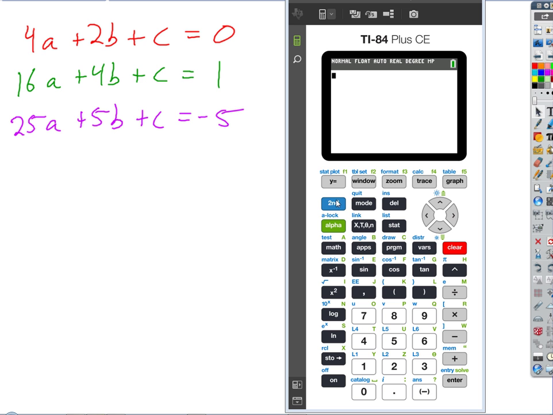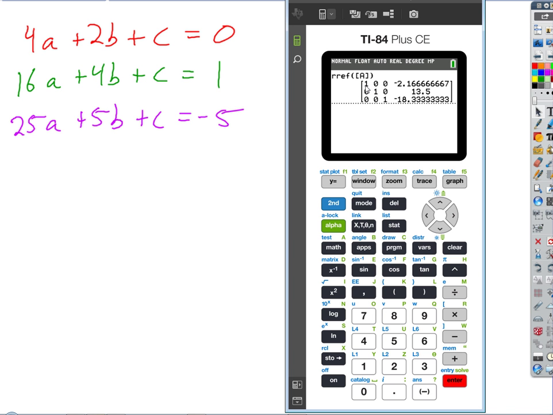Okay, so I've already done this. There's matrix A, right? I already put it in. So I want to put that into reduced row echelon form. So I go second matrix, math menu, RREF for matrix A. And there's what I get.